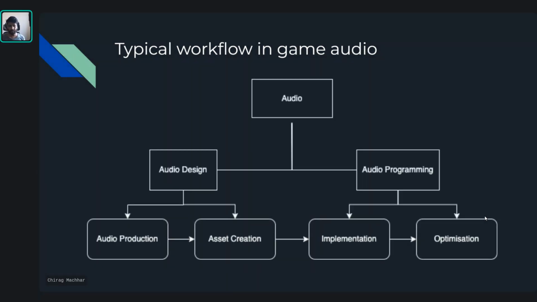So talking about the different responsibilities, if you visualize it as a spectrum from left to right, where audio production and asset creation is more of audio design's responsibility, and then implementation and optimization is kind of audio programming's responsibility. So now we're getting close to the role of a technical audio designer.